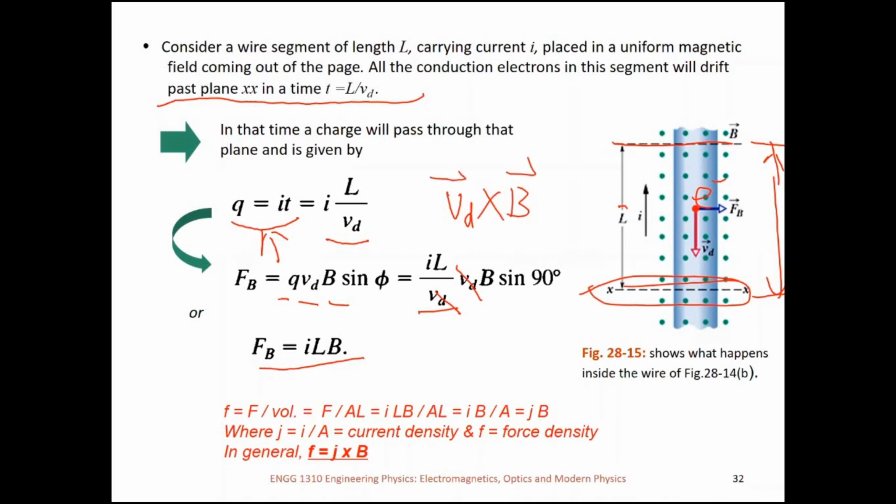Of course, we need to consider whether it is negative or positive, so we should go with the negative Vd cross product with B. But the B field direction is still there. What changes is that we have the current and L here, right? The current L direction is actually just the opposite of the velocity of the electron, right?